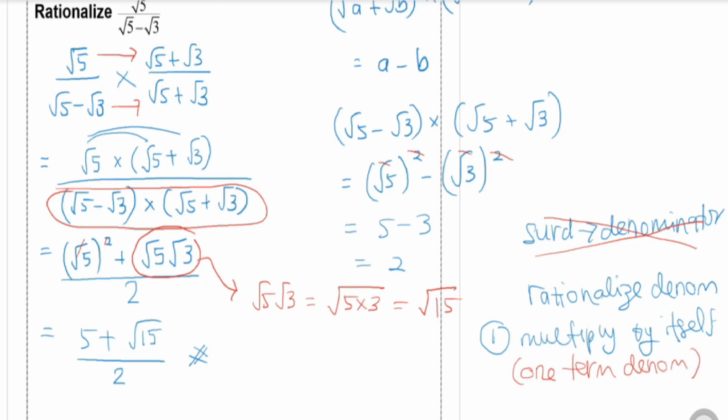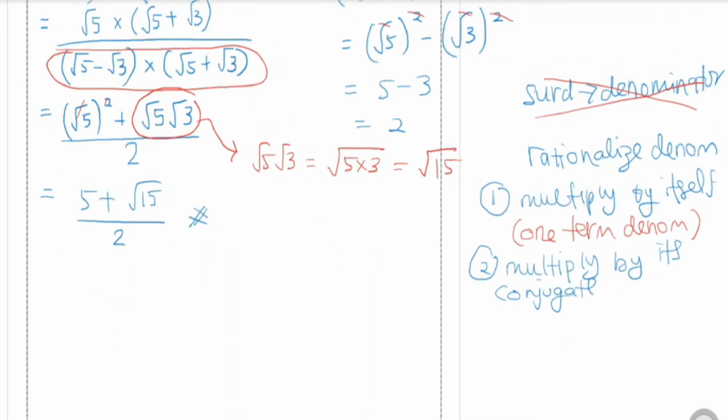And the second method to rationalize the denominator is by multiplying the fraction by its conjugate. This happens if we have two terms in the denominator.